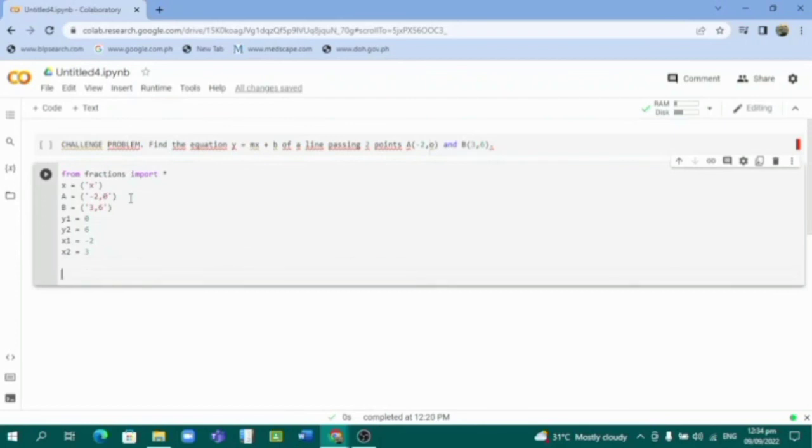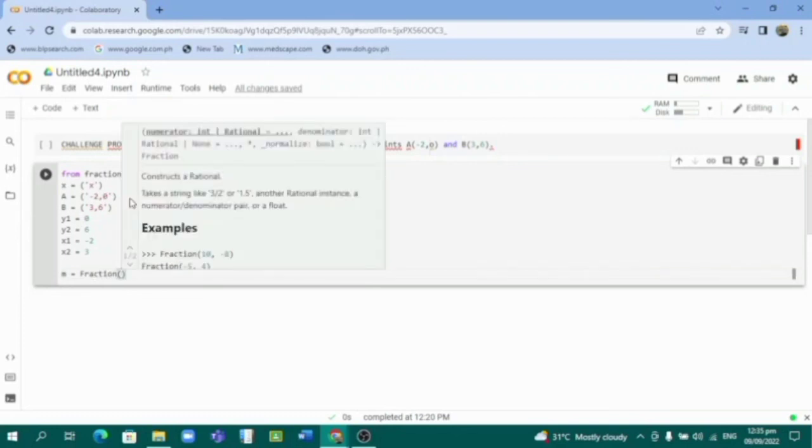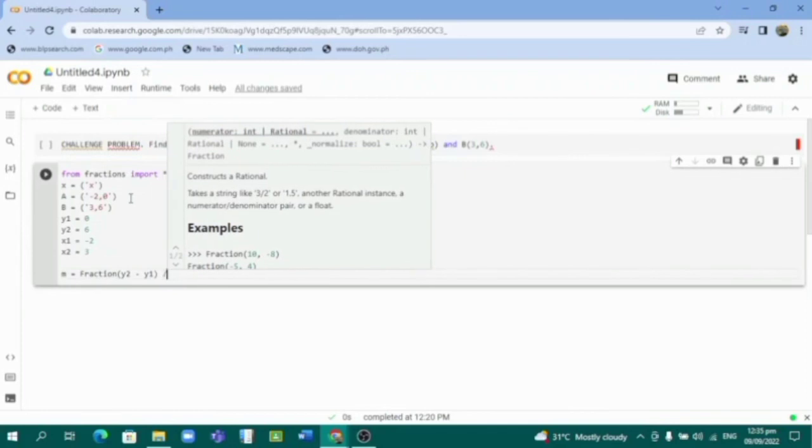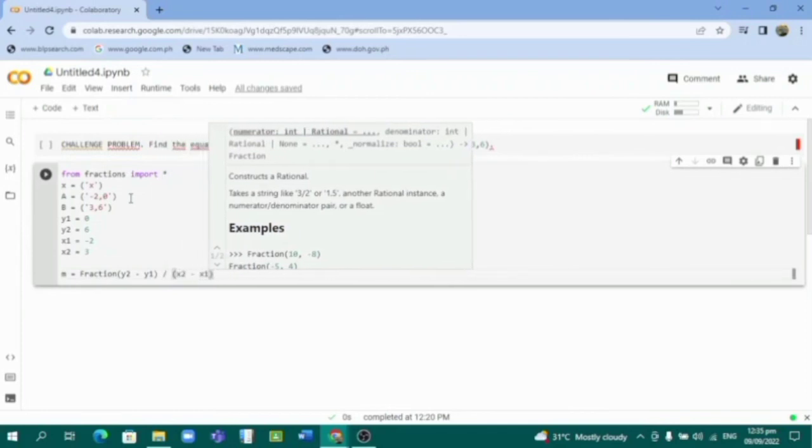Slope m equals y sub 2 minus y sub 1 divided by x sub 2 minus x sub 1, and I use fraction to get the fraction y sub 2 minus y sub 1 divided by x sub 2 minus x sub 1.